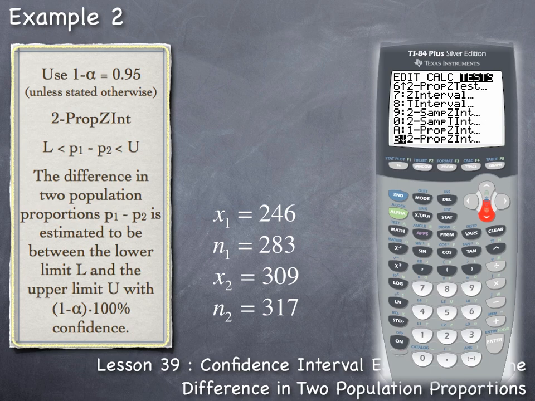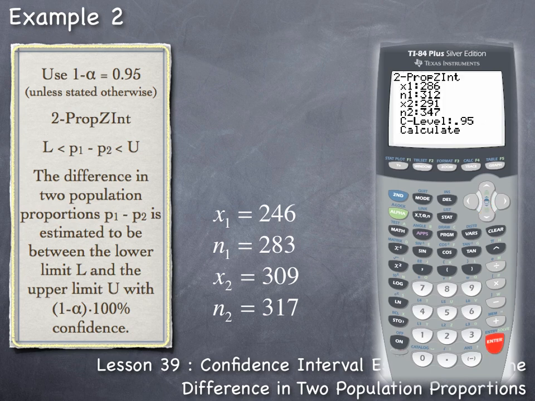We select Enter, and then we enter in the data values. x1 equals 246, enter. n1 equals 283, enter. x2 equals 309, enter. n2 equals 317, enter. We're using the customary 0.95 level of confidence. Arrow down to Calculate and press enter.